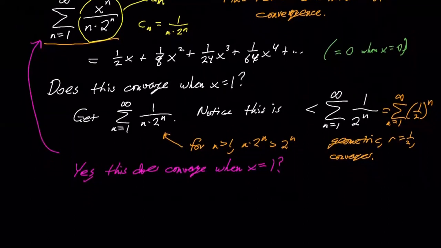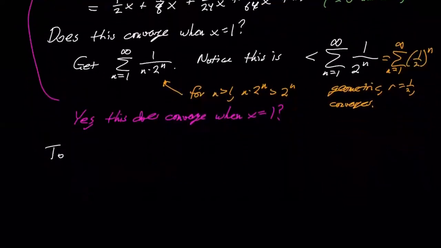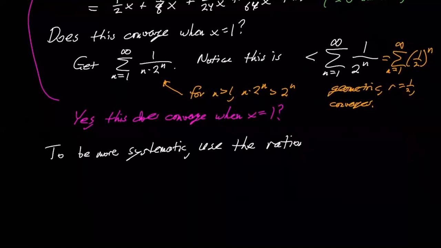You'll see how this works. Let me just do it. To be more systematic, use the ratio test. It turns out to be a very helpful thing for pretty much all power series.